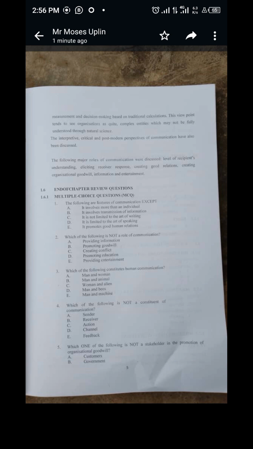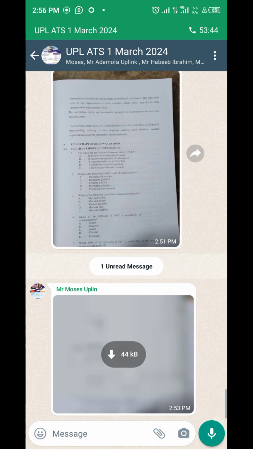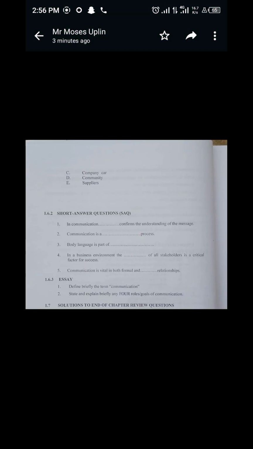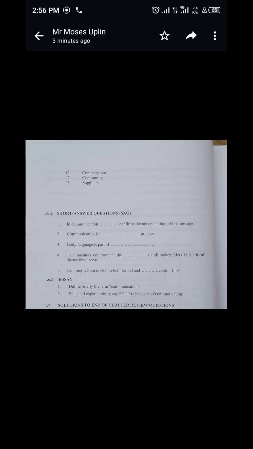A. Customers. B. Government. That's the only slide. Oh yeah, go to the second slide and download the second one. There's only one here. Okay, I've seen the second one. The company car.